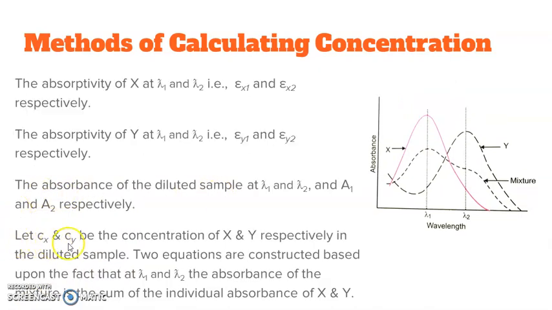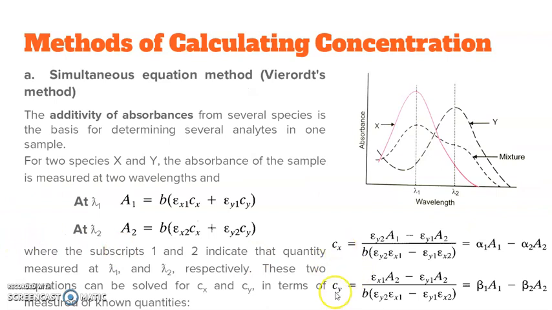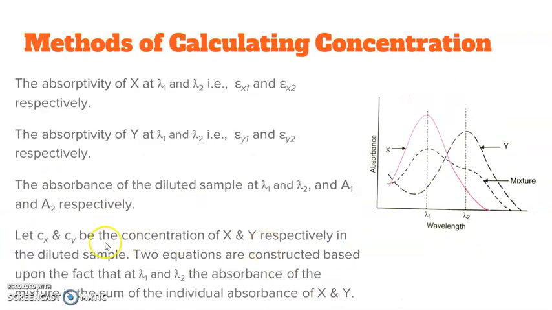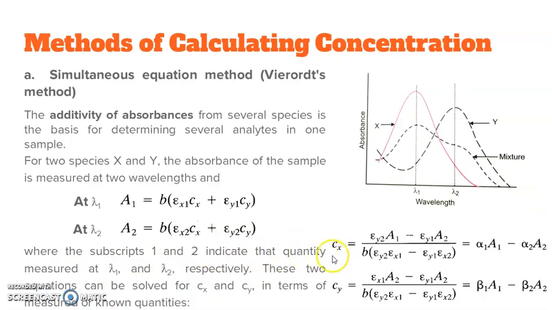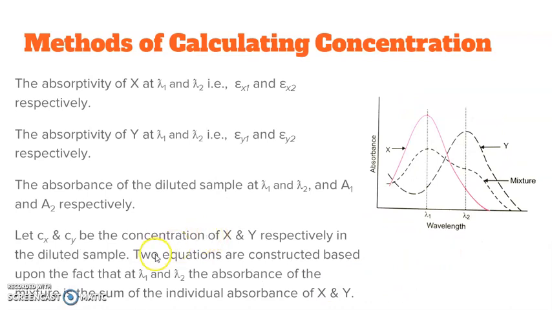Let Cx and Cy be the concentrations of X and Y respectively in the diluted sample. So what we are interested in is knowing the concentration of the X drug and the Y drug in the diluted sample. So we employ this particular equation in order to get the concentration.